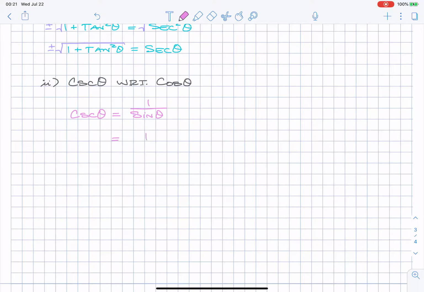So sine of theta, how is sine of theta related to cosine? Let me make this a different color so we can see it better. Using my Pythagorean identity, I know that cosine squared theta plus sine squared theta is equal to 1.